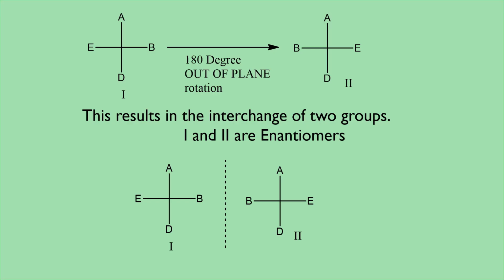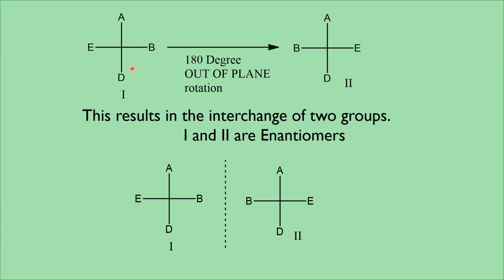So far we had been discussing the in plane rotations. Now let us see what happens when we do an out of plane rotation. So we are doing a 180 degree out of plane rotation. While we do that, A and D will remain on the plane, but E and B will get rotated perpendicular to the plane. So E is coming in front of the screen and B is going behind the screen.